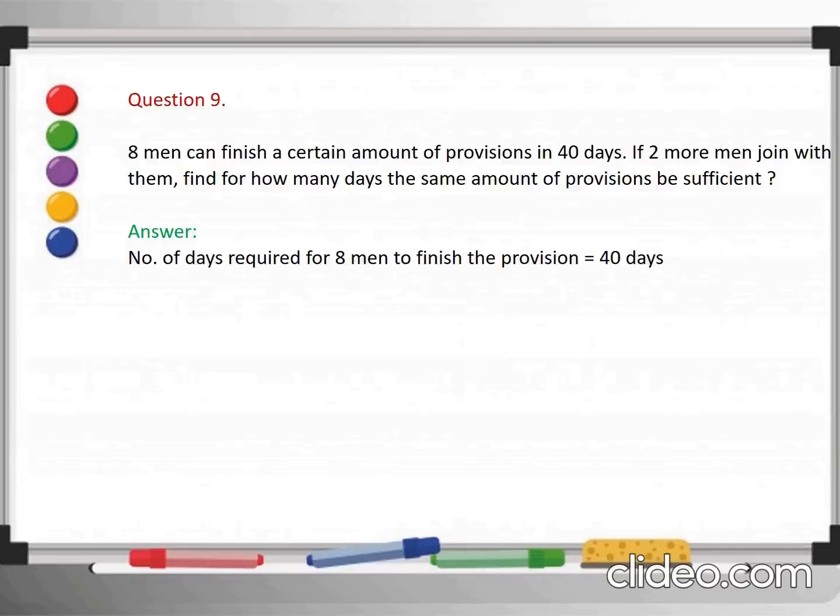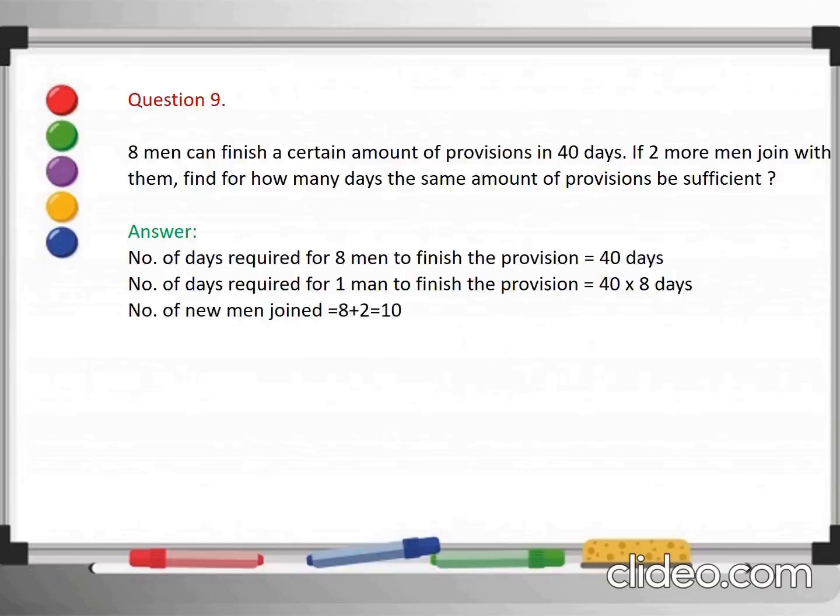So number of days required for 1 man to finish the provision equals 40 into 8 days. Now, number of new men is 8 plus 2, which is 10.